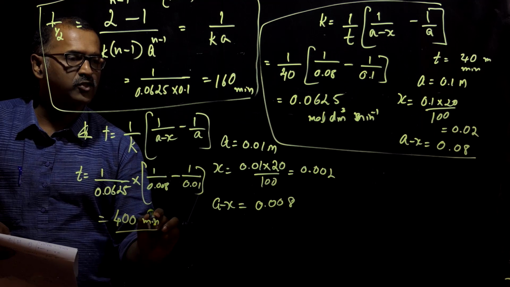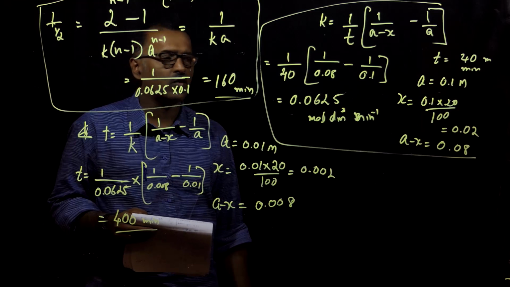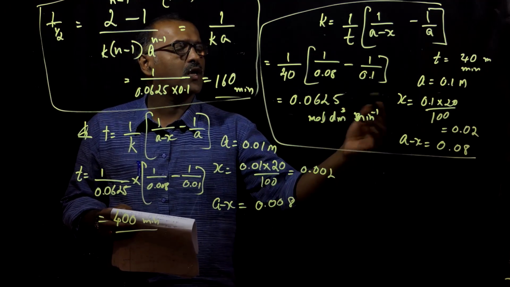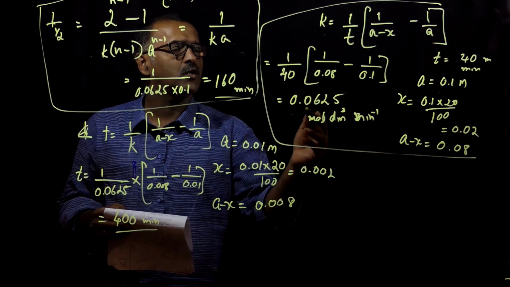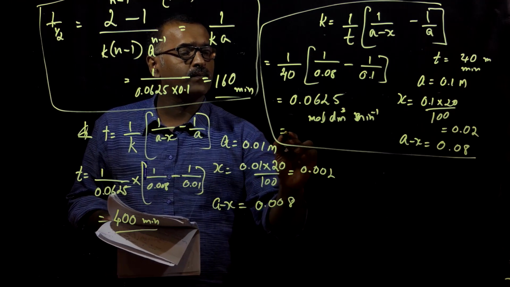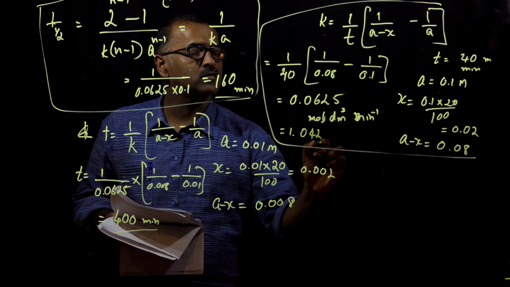minutes. Maybe you can change into seconds by multiplying by 60, and also here this 0.0625 is in minute inverse. To convert that into second inverse, you have to divide it by 60, and that value will be, upon simplification, 1.042.